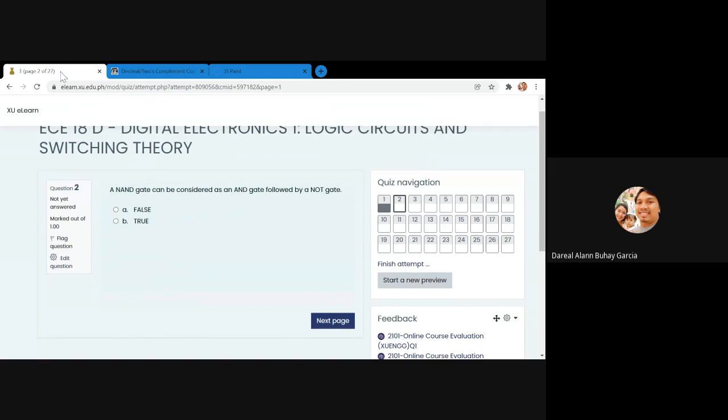A NAND gate can be considered as an AND gate followed by a NOT gate. True or false? True.